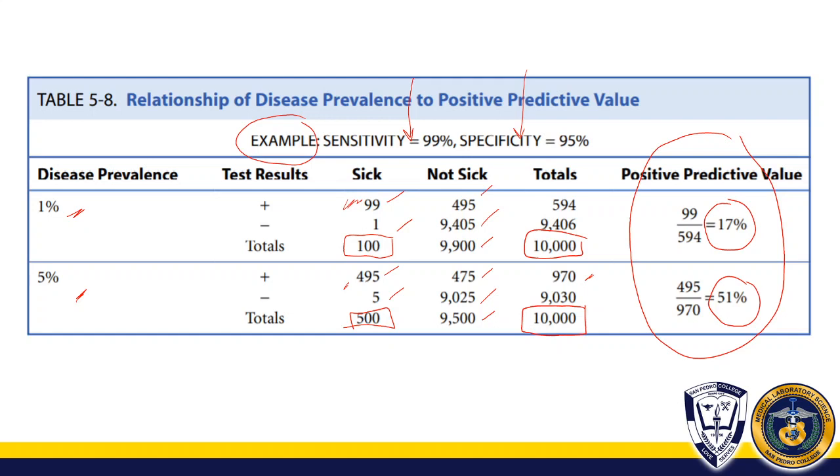Isn't that a big difference? So therefore, we could say that for a certain screening program, if we conduct screening programs, it is better to direct them at high-risk target populations, those with higher disease prevalence. Since usually the high-risk populations are more motivated to participate, and they are also more likely to take action if their screening test results are positive.